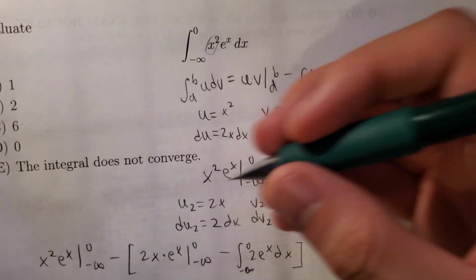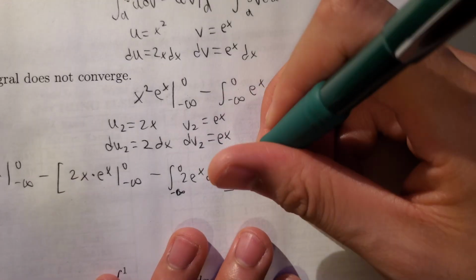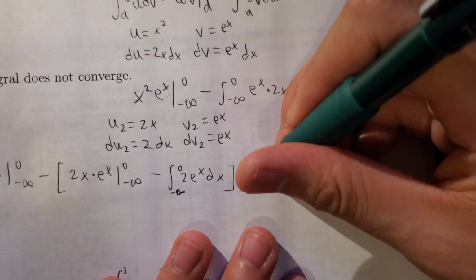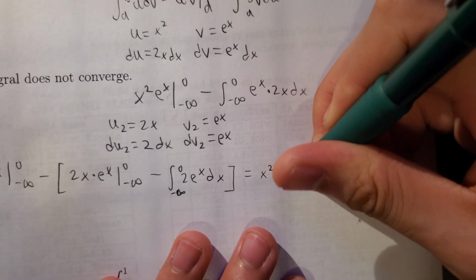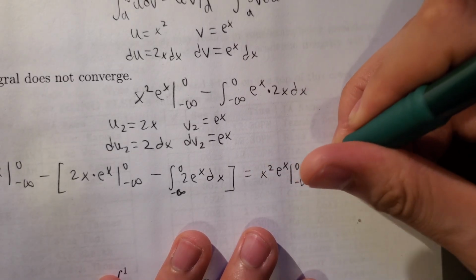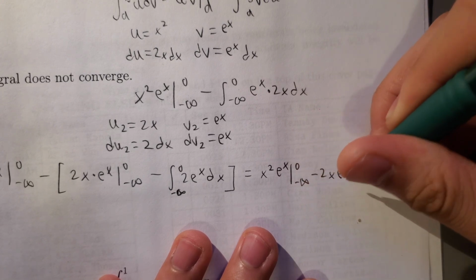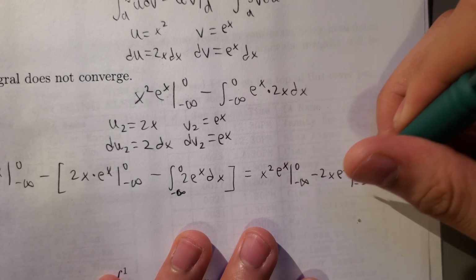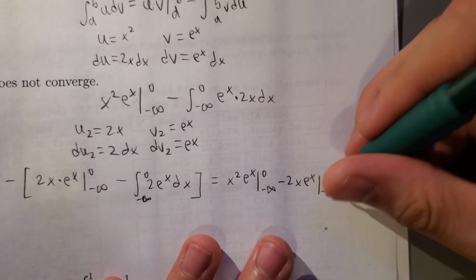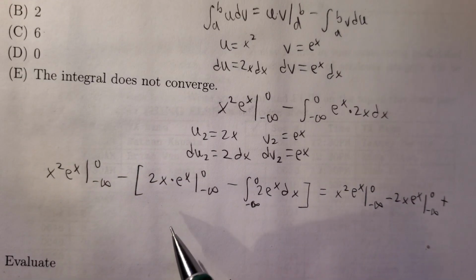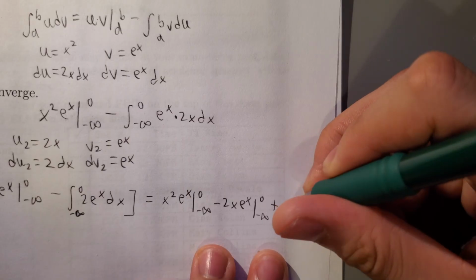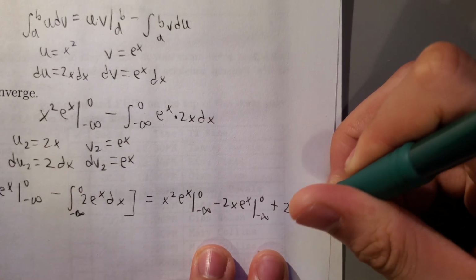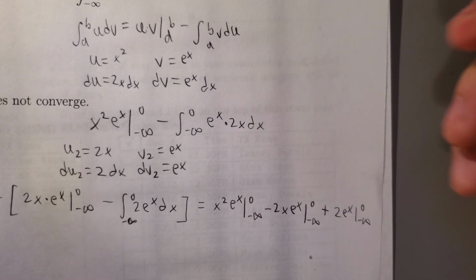So now we've integrated the entire thing, and so that ends up looking like x squared e to the x from negative infinity to 0 minus 2x e to the x evaluated from negative infinity to 0 plus, because we have a minus here and a minus here, so they're going to flip each other. So you end up with a plus here, 2e to the x evaluated from negative infinity to 0.